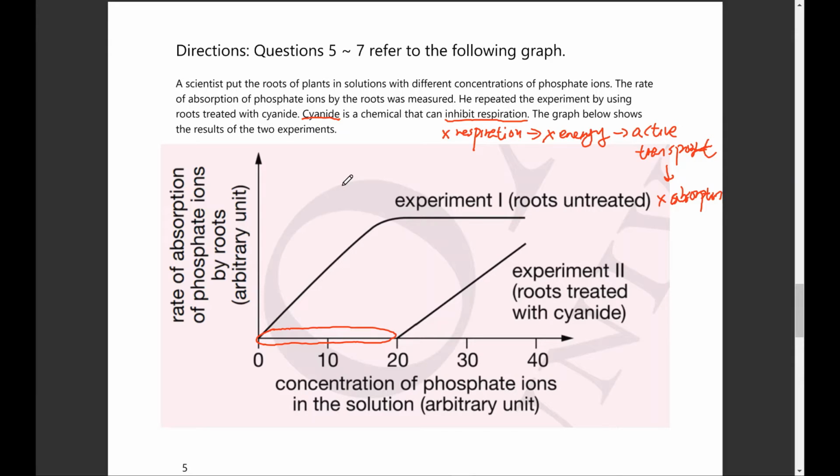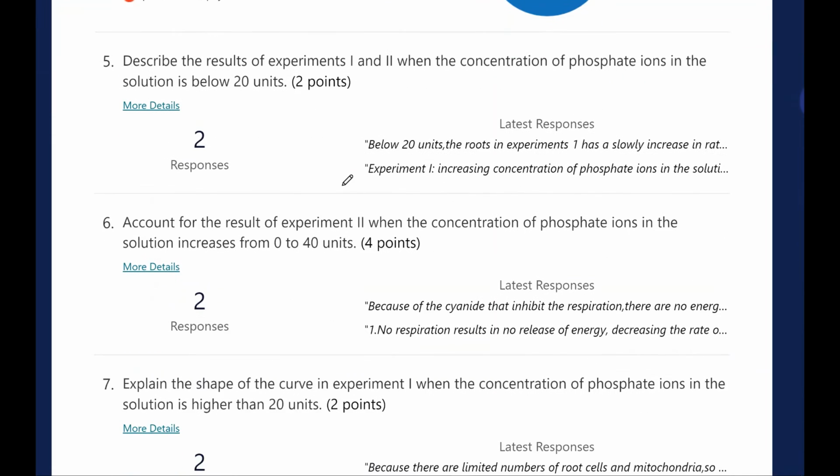Then why, after the concentration goes above 20 units, is there absorption of phosphate ions? Why is the plant absorbing at 20 or above? Then lastly, you explain the trend. Now let me see the response.